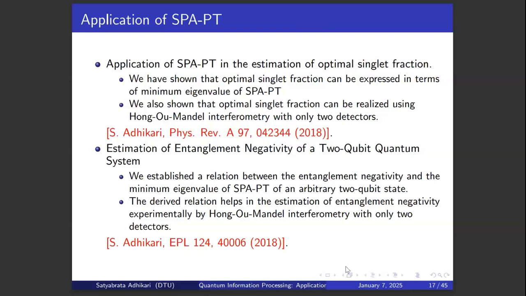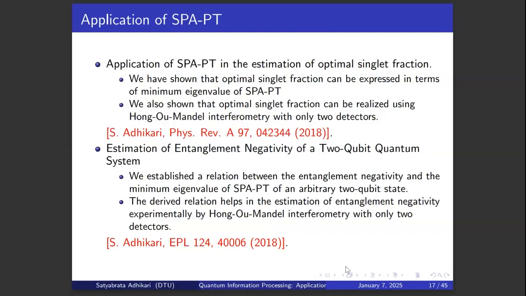Here we have applied the structural physical approximation of the partial transposition map in the estimation of optimal singlet fraction. I already told you the concept of teleportation, and in teleportation the singlet fraction plays a vital role. We can obtain the value of singlet fraction in experiment if we apply this SPA on the partial transposition map.